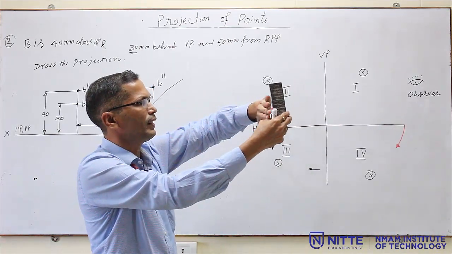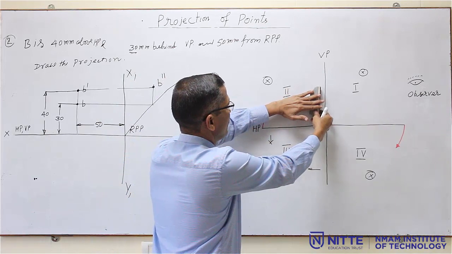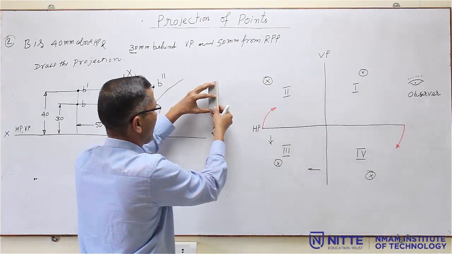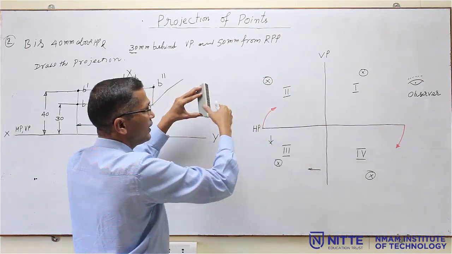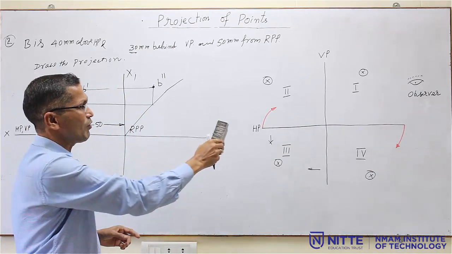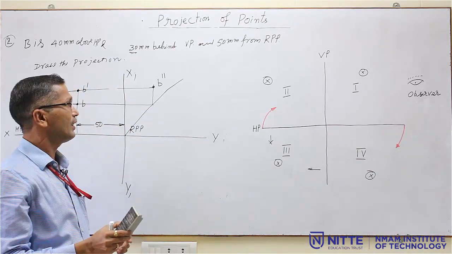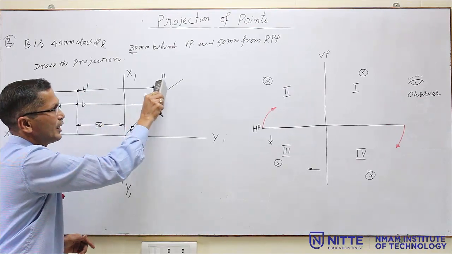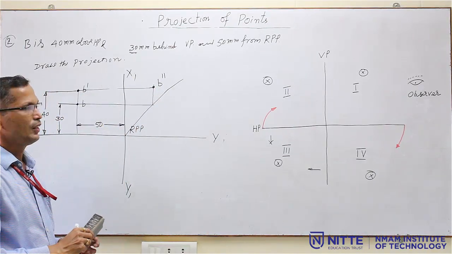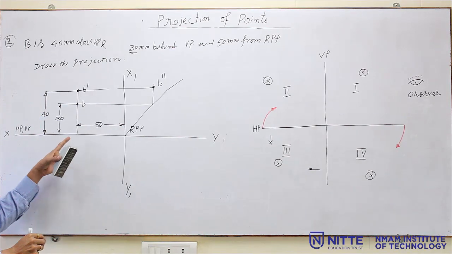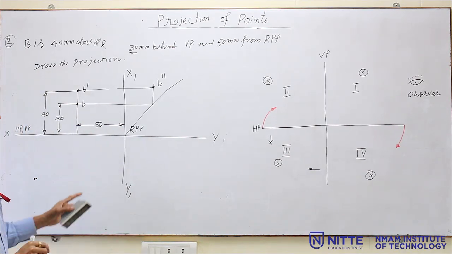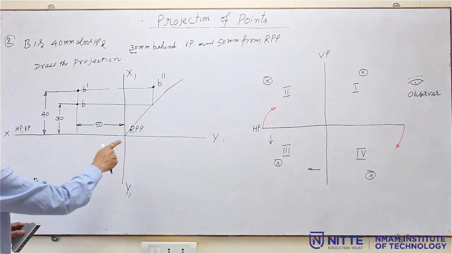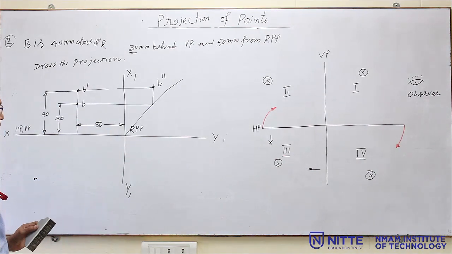Now, if you are moving it like this, this is the profile and this is the front. That means both will be in the same line. Always, irrespective of the quadrant, you have to ensure that the front view and profile view are in the same line. Now, this is the solution for a problem in the second quadrant with RPP.